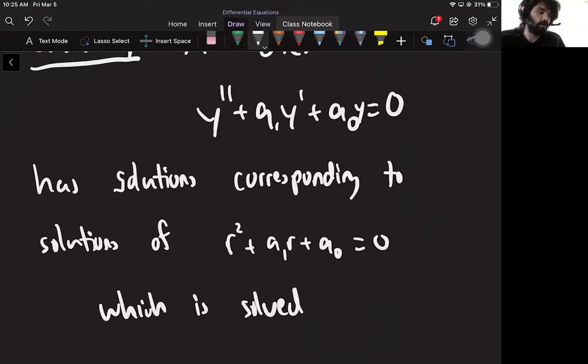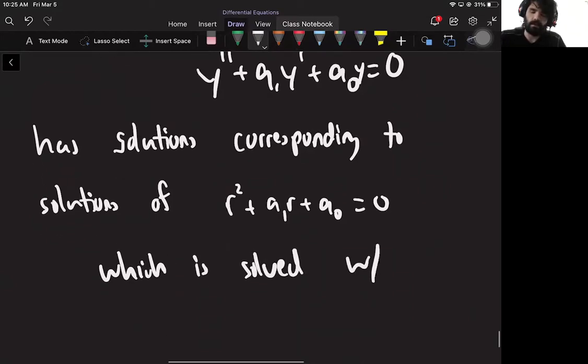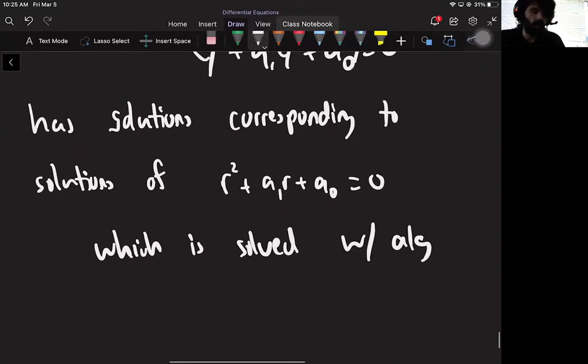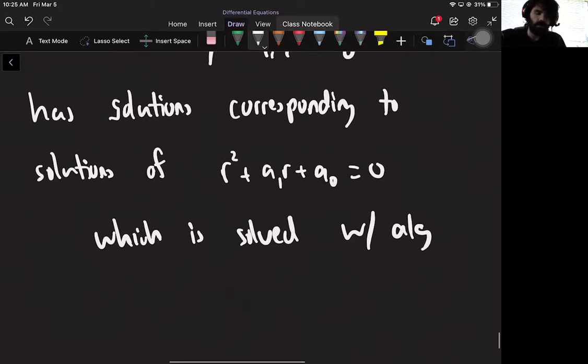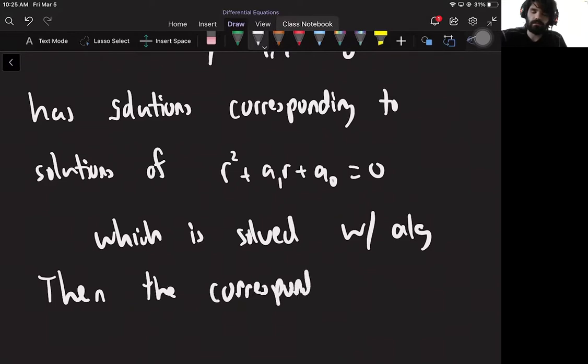Okay, so then this is solved either by factoring or the quadratic formula, which I'll just call solved with algebra. And then the correspondence breaks into three cases.